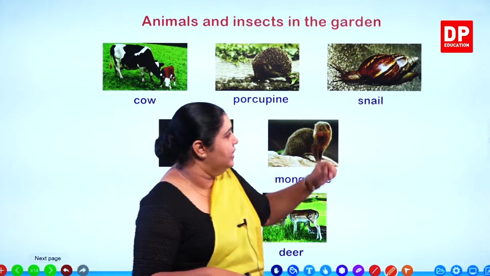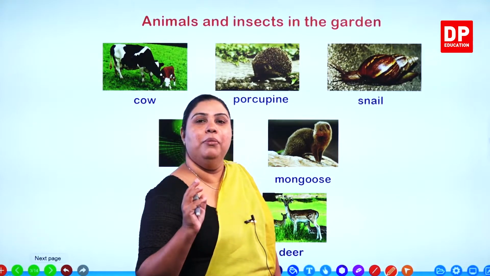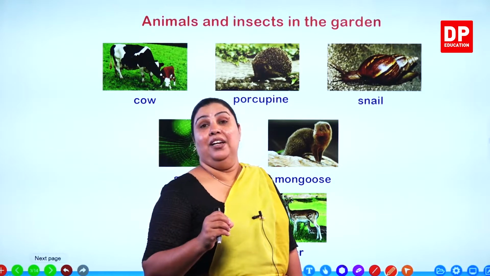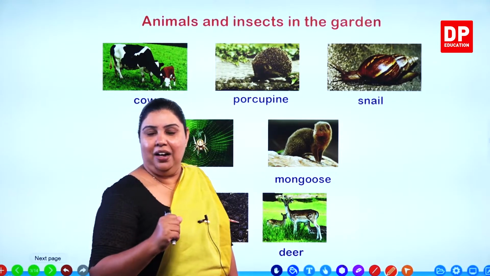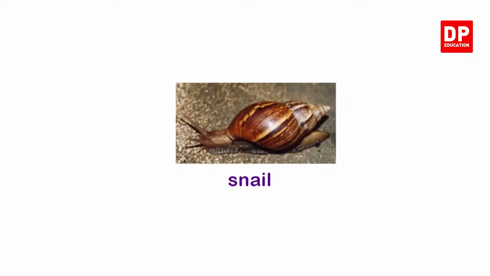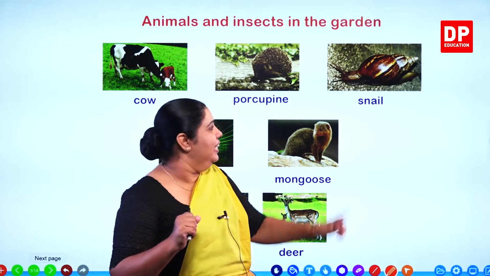Then who is this? Oh, that is a very common animal, a common little creature in the garden. Who is this? Snail. S-N-A-I-L. Snail.